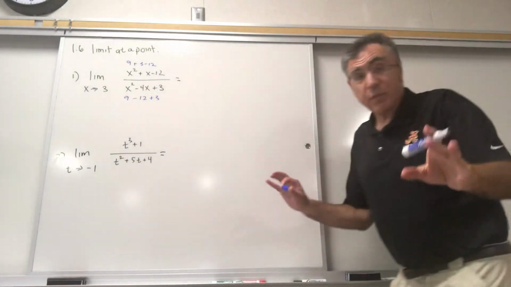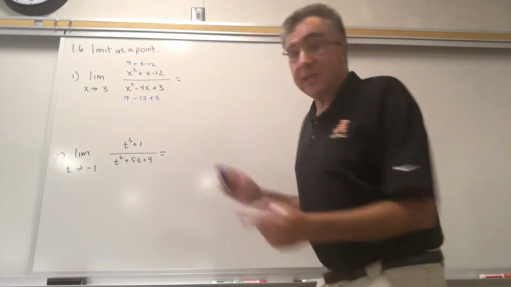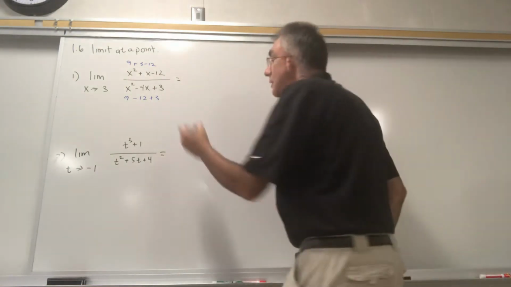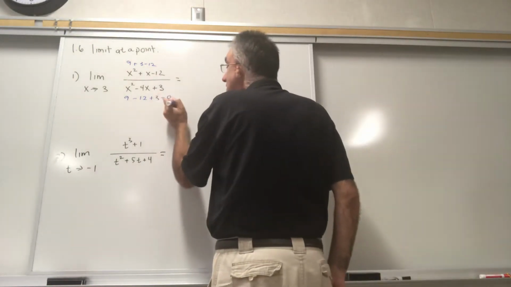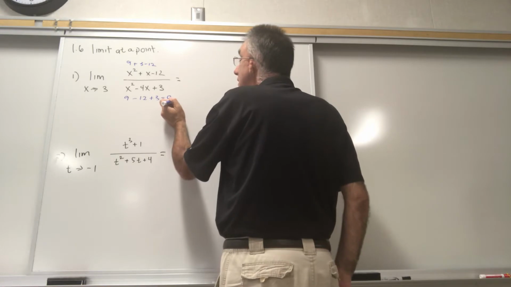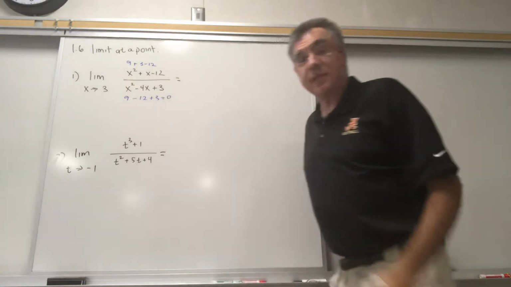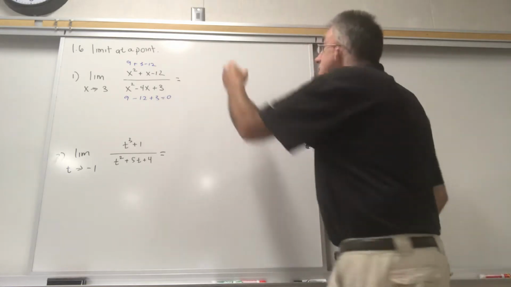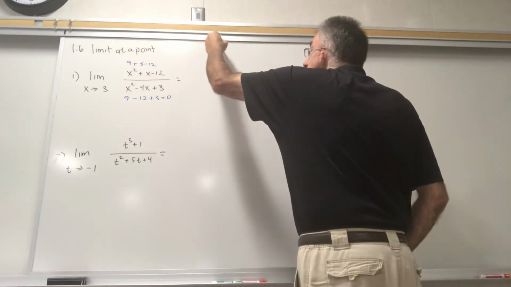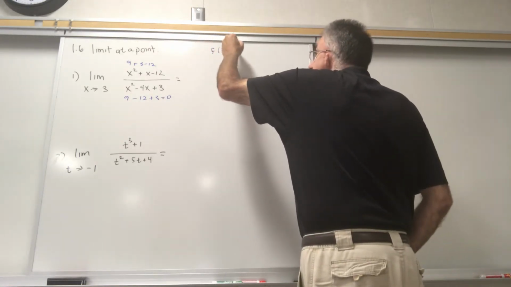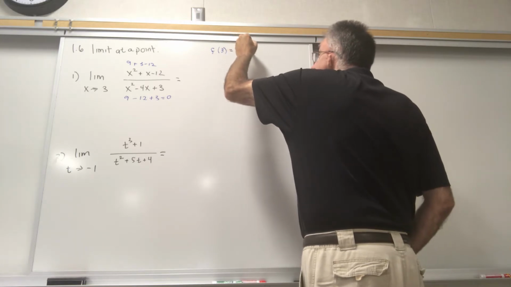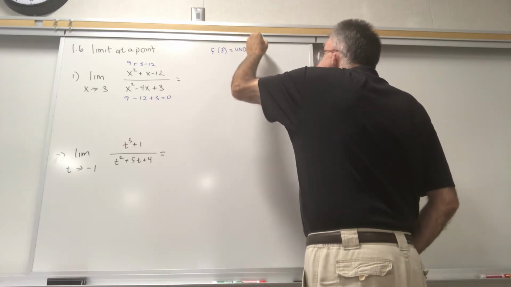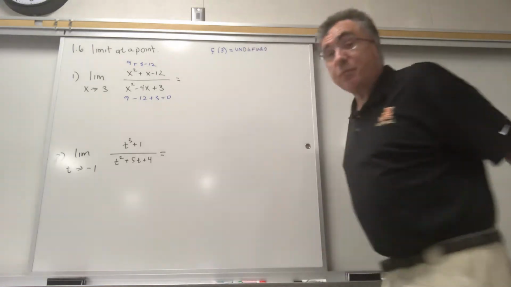Now, what you probably noticed, and if you didn't, I want to make it very clear, that's 0. You're not allowed to divide by 0. So now, here's something kind of important. In the grand scheme of things, f of 3 is undefined. You can't put 3 in.